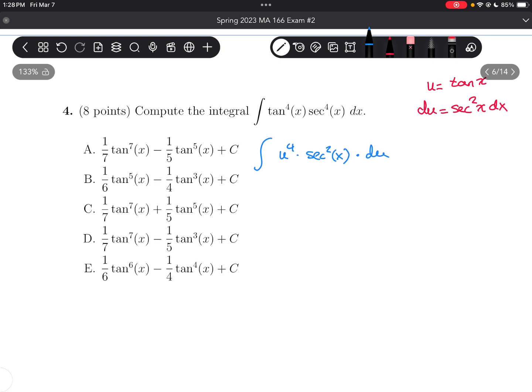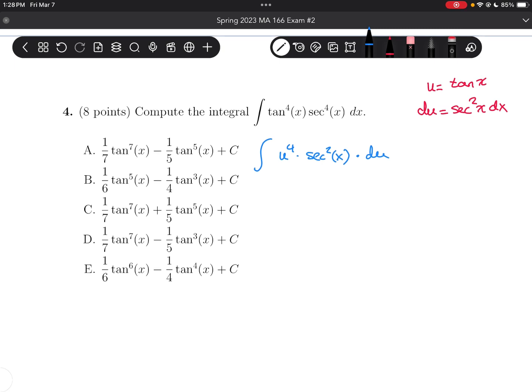In this case, I think arguably the most important trig identity to remember is the Pythagorean identity. You might be familiar with it in this form, which states that sine squared x plus cosine squared x equals 1. However, there are also two other variants that we can get by dividing this expression by either sine squared x or cosine squared x.